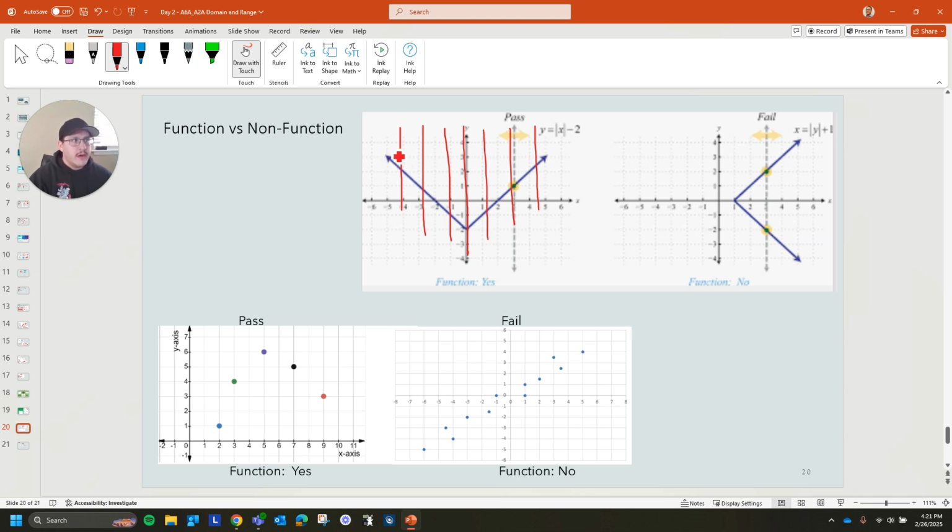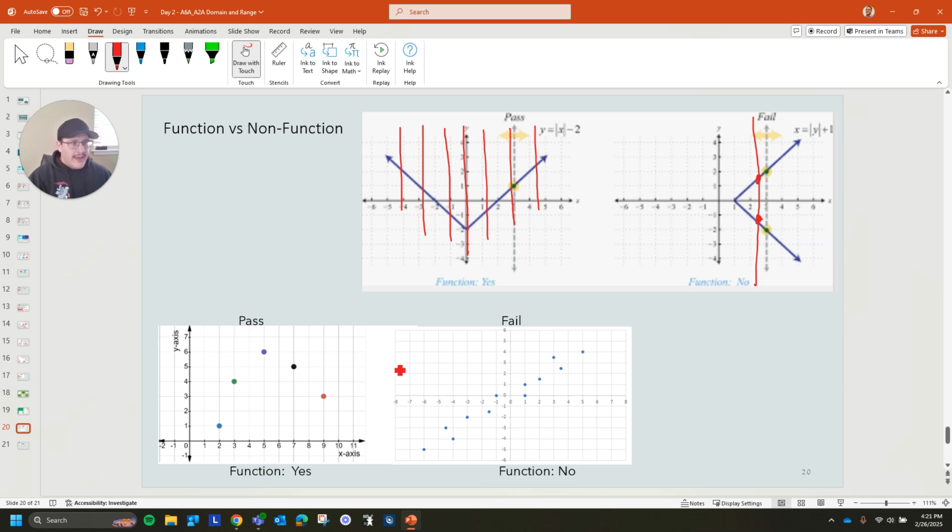So if we see here, this line that I drew passes once. So this is considered a function through the vertical line test. Over here, if I draw a vertical line, it passes twice through this equation. Therefore, it is not a function.